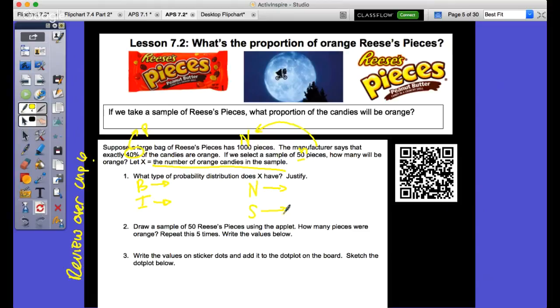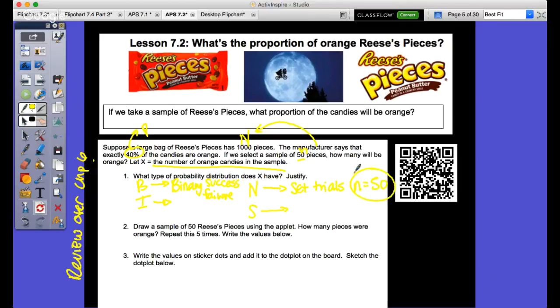We're back with us. And then we're going to just state what each of them are. So we've got this binary where we have a success, which would be an orange candy, and a failure, which would be anything that would not be orange, right? And we would just identify that there. The N is a set number of trials. So set trials, which in this case would be little n being 50.